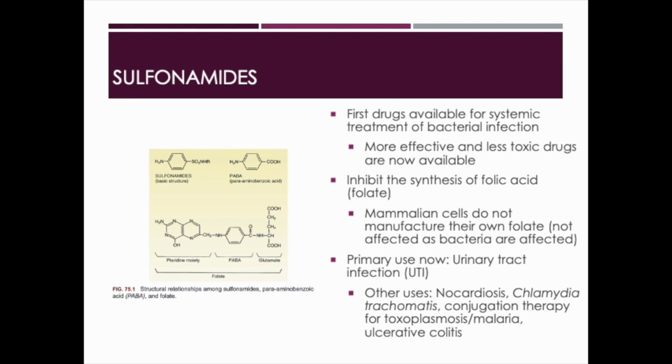But our cells don't manufacture our own folate. We take it from the diet using a specialized transport system for the uptake of folate. And because our cells use preformed folate rather than synthesizing folate, the sulfonamides are not going to harm us.